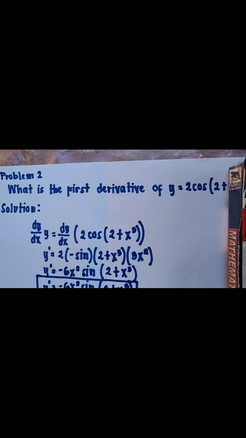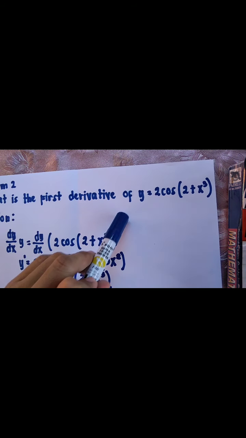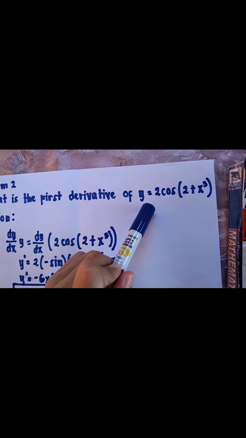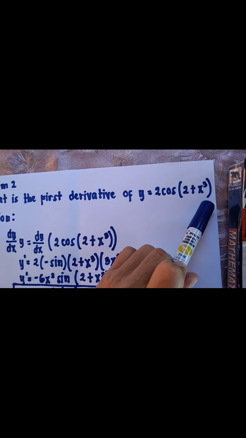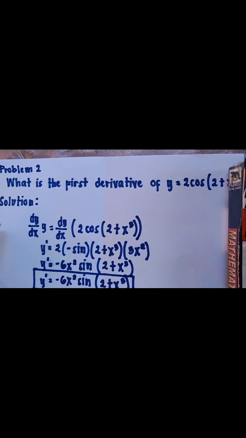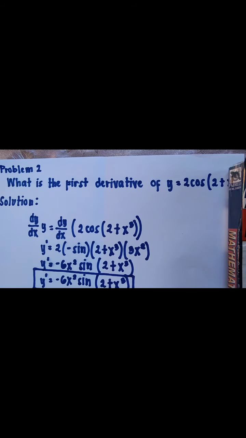So let's proceed to our problem number 2. What is the first derivative of y equals cosine of (2 plus x cubed)? So here's the solution. The derivative of y, dy over dx, equals cosine of (2 plus x cubed).